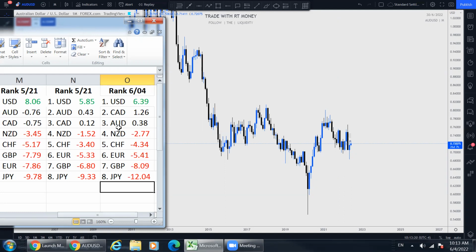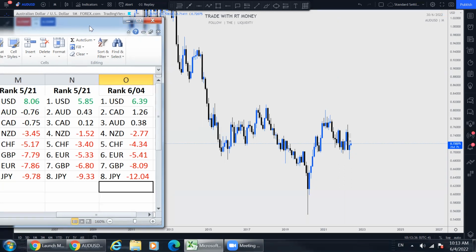Now it's ranked number three with the CAD overtaking it for the number two spot, but it is at 0.38. So it's basically stayed the same, that neutral status. So the US dollar got a little stronger against it.